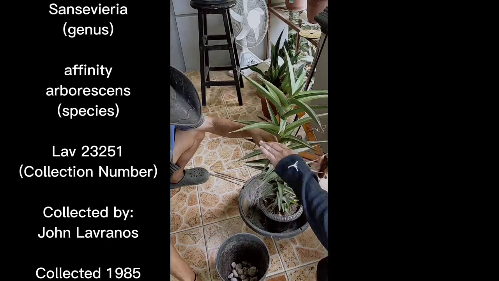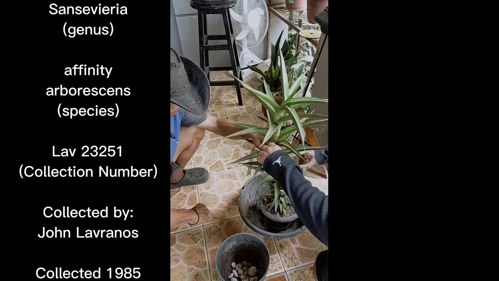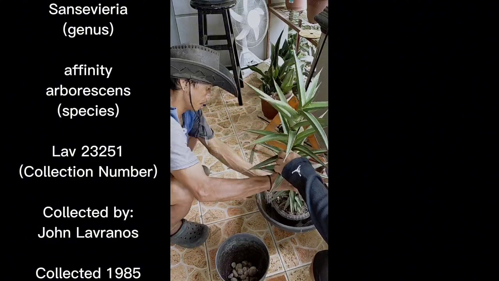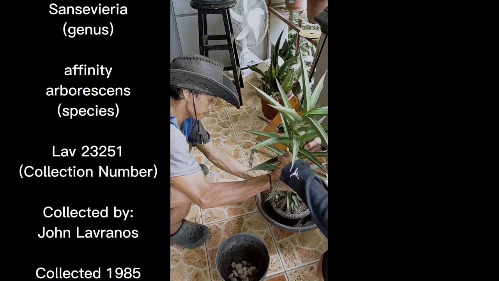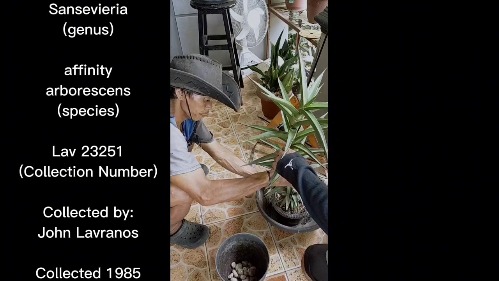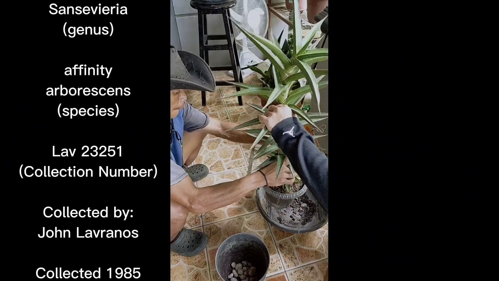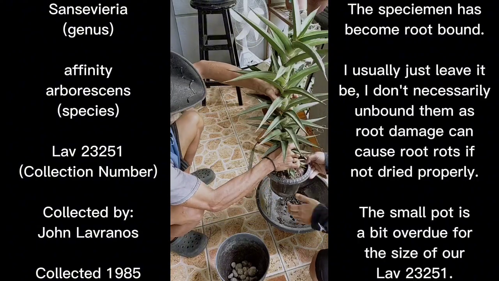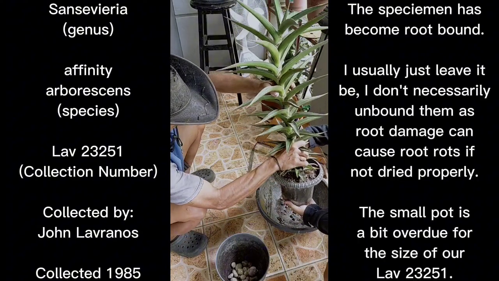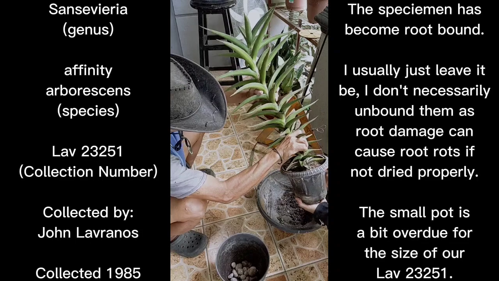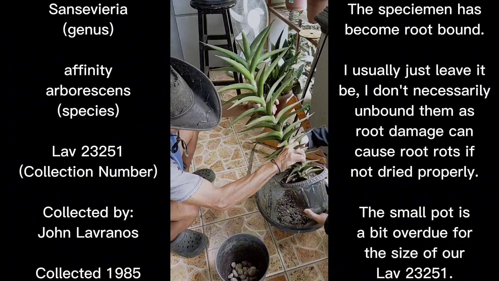As I'm showing you right now, the specimen is pot bound, and we're checking for any pests on the root system. I actually found some aphids growing on the sides. That is why I sprayed hydrogen peroxide to take care of the aphids growing on the root system.